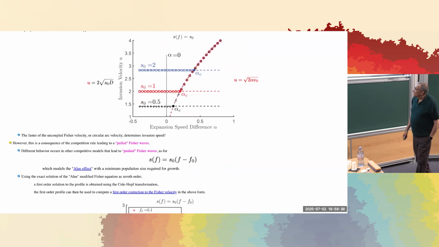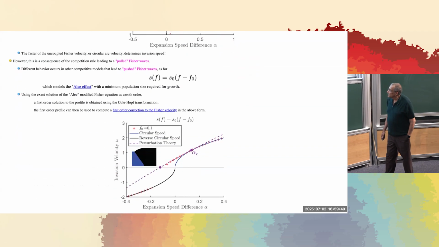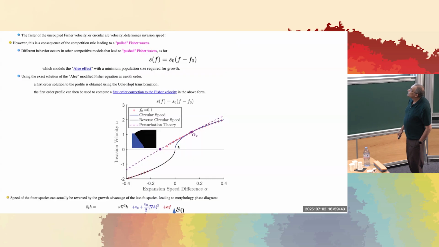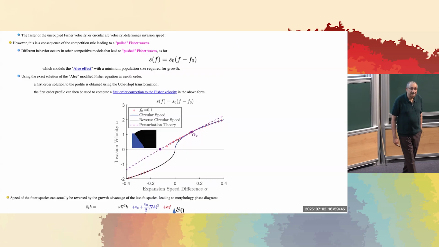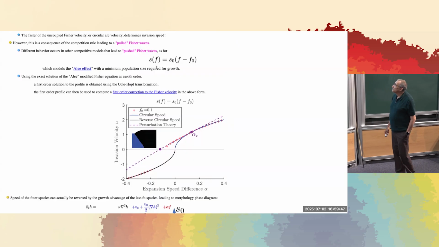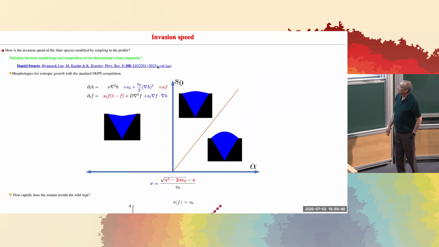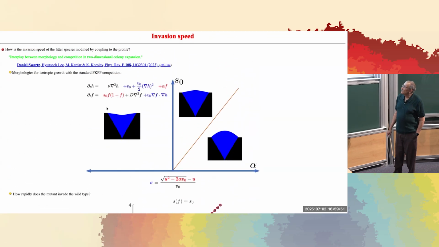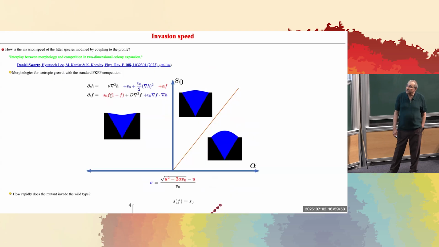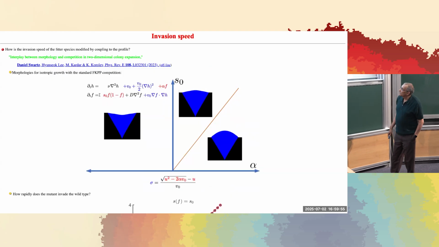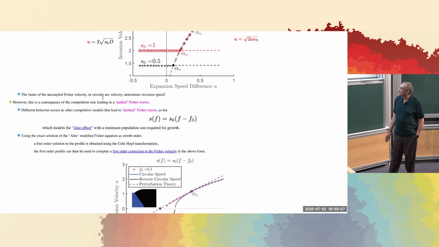But the solution for the Fisher equation actually is more complicated if the function that we have for favoring one over the other itself depends on f.